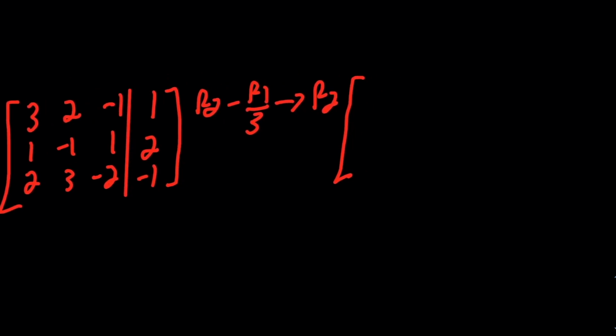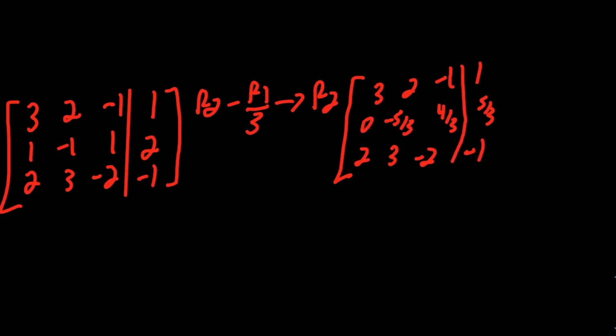As a result, we get 3, 2, -1 and 1, then 0, -5/3, 4/3, and 5/3. Then in row 3 we'll have 2, 3, -2, and -1. And I'm going to try to draw a perfect line right over there.